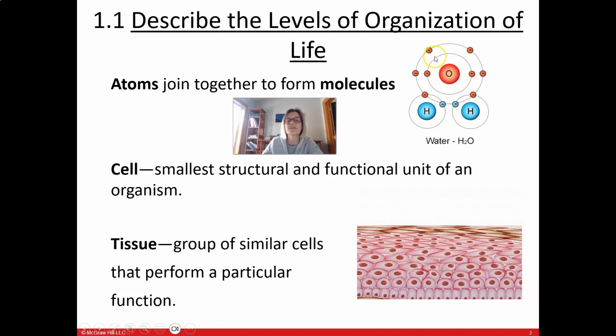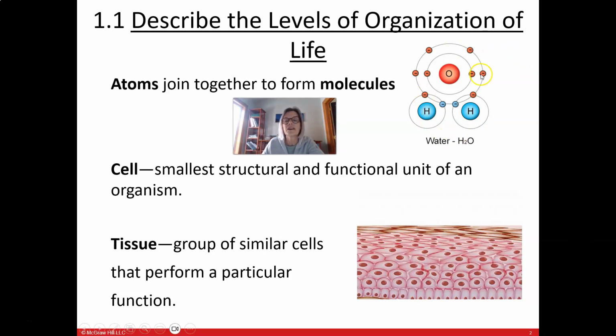So two different elements, or three units, three atoms. You might remember from some chemistry that when atoms combine with each other, they do that through chemical bonds, and they form molecules. So these three atoms came together through chemical bonds and formed a molecule. So all living things are composed of atoms that connect to each other to form molecules.